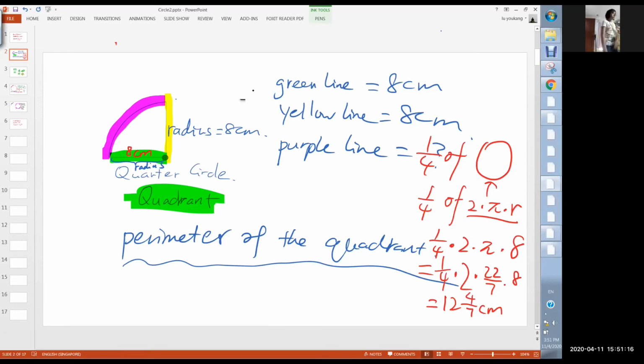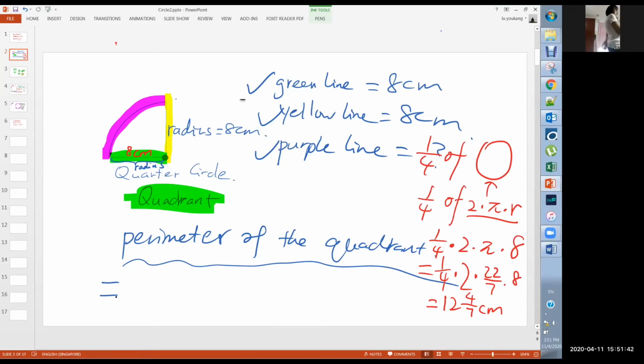So now, what is the perimeter? We found the green line, the yellow line, the purple line. So which one is the perimeter? Use your finger. You need to trace out the perimeter.